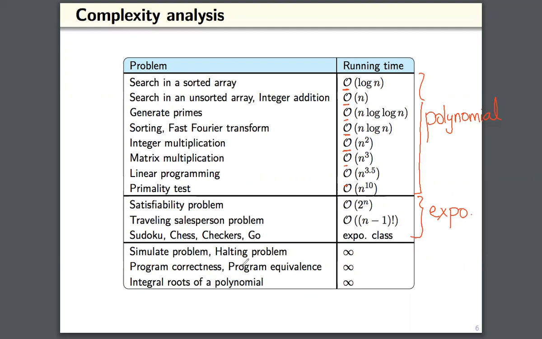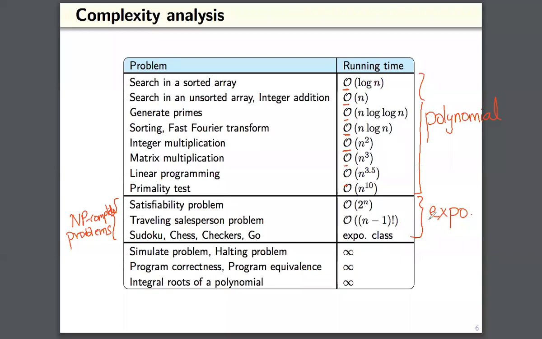The current best algorithms to solve these problems take exponential time. Nobody knows about a polynomial time algorithm for these problems. Okay, if time permits in the course, we will also look at something called NP problems, right? NP or NP complete problems.